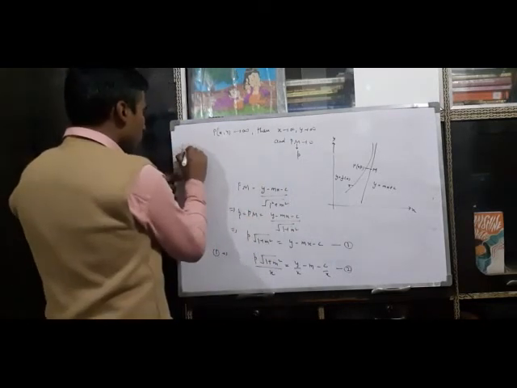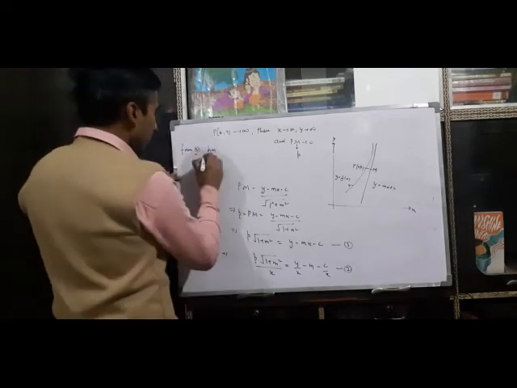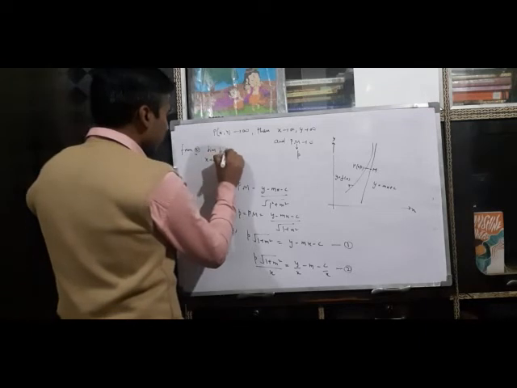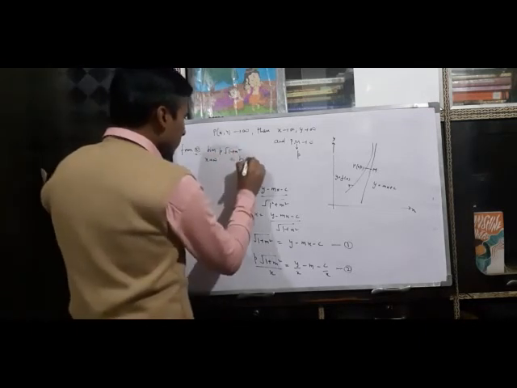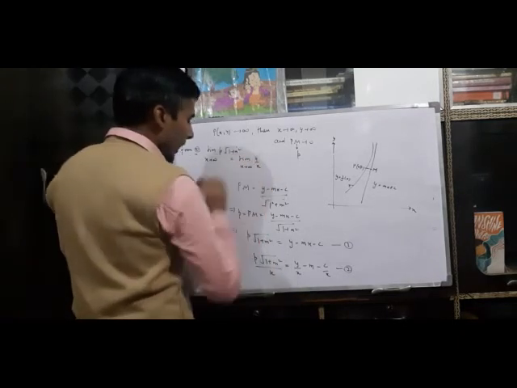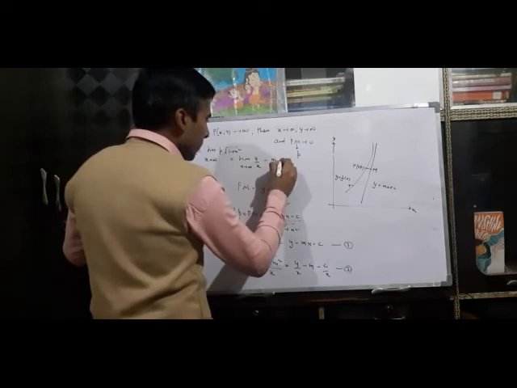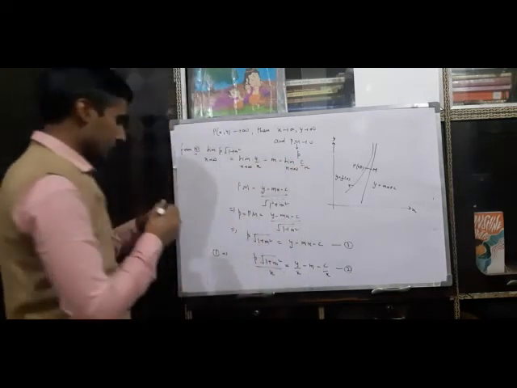From 2, limit x tends to infinity, p root 1 plus m square, upon x, equals limit x tends to infinity, y upon x minus m minus limit x tends to infinity, c upon x.